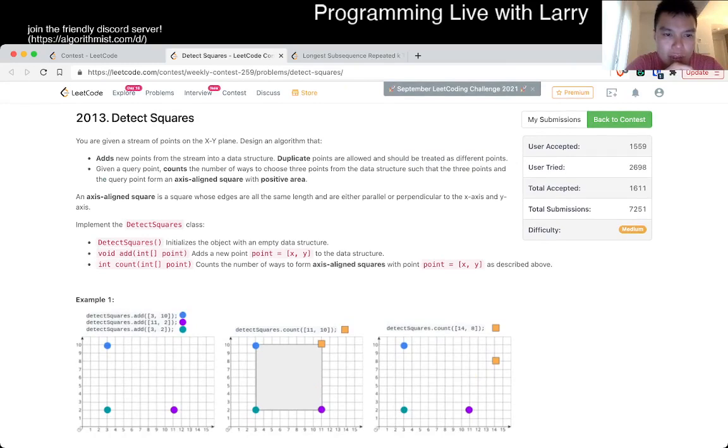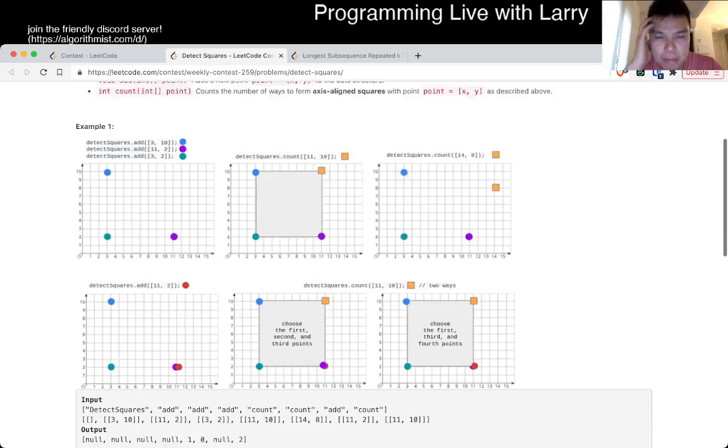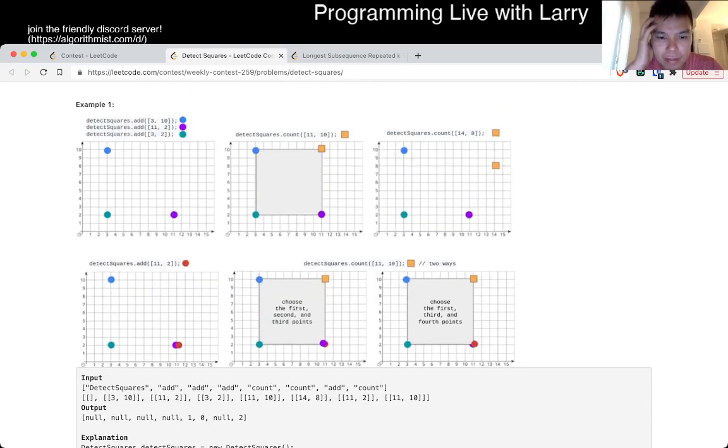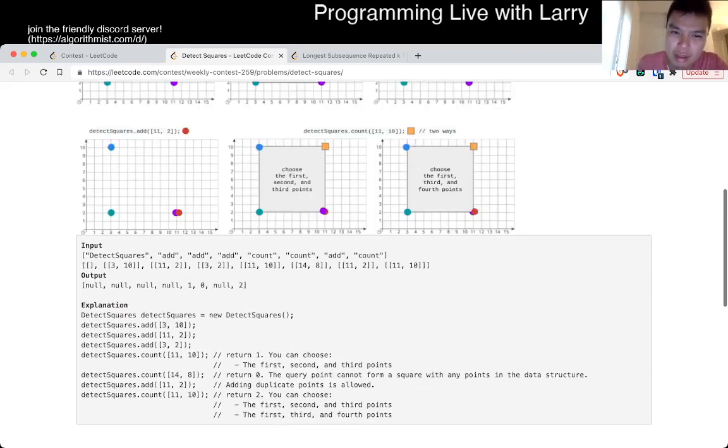Did we also add on the count? Let's see. What is n? 5,000, n squared maybe a little bit too slow.